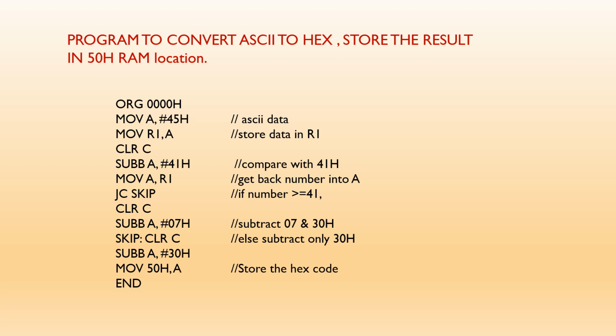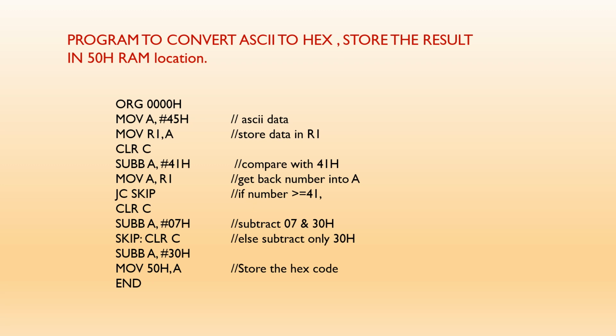Before that, since the content of A is altered, a copy of the data is maintained in R1. So the content of R1 I've obtained in A. I check the carry flag to see whether the number is greater than or equal to 41 or less than 41. If the number is less than 41, it goes to the skip label.